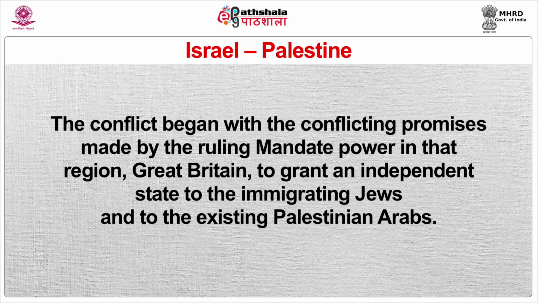This conflict began with difficult promises made by the ruling mandate power in that region, that is Great Britain, to grant an independent state to the immigrating Jews as well as to the existing Palestinian Arabs.